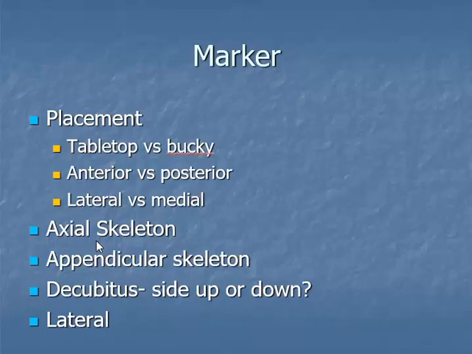Generally, if I'm going to put a marker on the image receptor inside of the Bucky, I'm going to put it on the side of the image receptor that is going to travel the least inside of the Bucky.